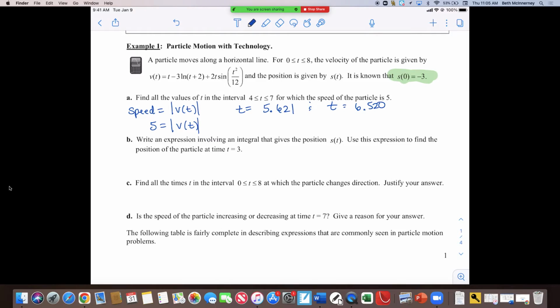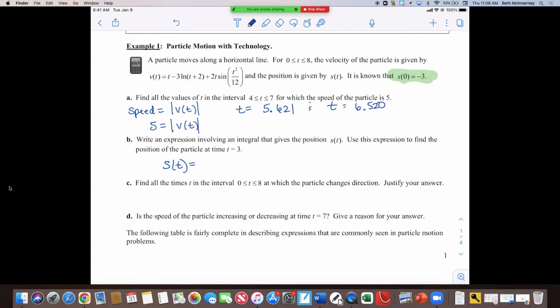All right, letter B. Let's move on, and we can definitely work on the calculator buttons. We have a few days before our quiz on Tuesday. Letter B, write an expression involving an integral that gives the position. So now we're going to connect this.